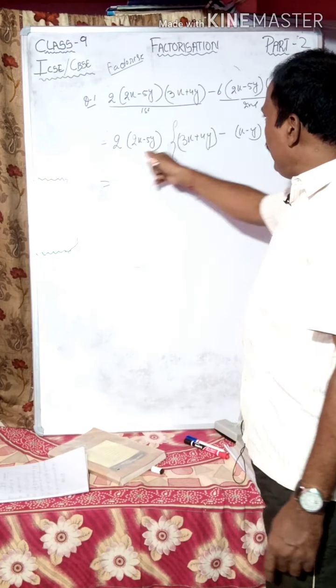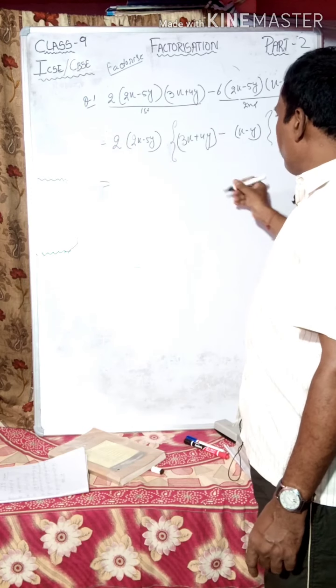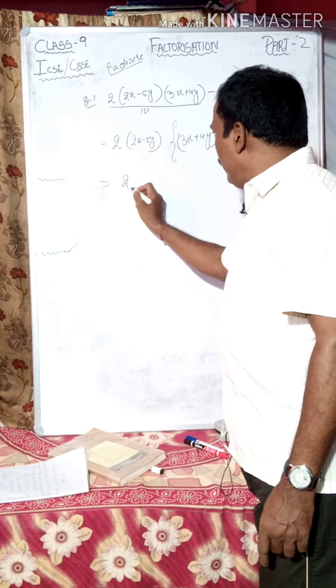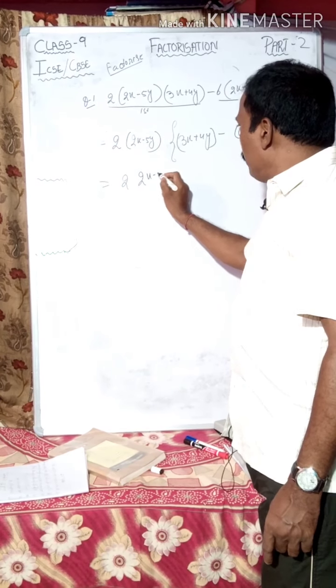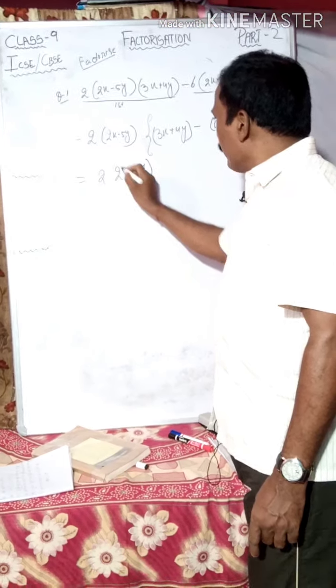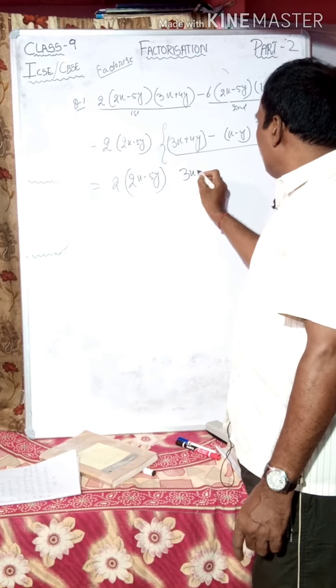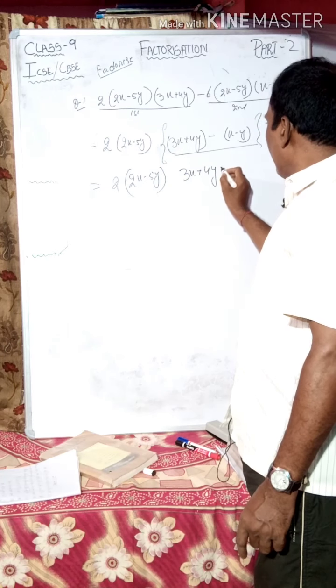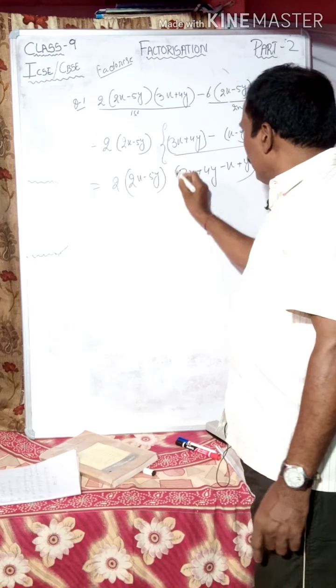The second term divided by the common factor leaves minus of x minus y. That is equal to 2 into 2x minus 5y, then open the bracket: 3x plus 4y minus x, minus into minus gives plus y.